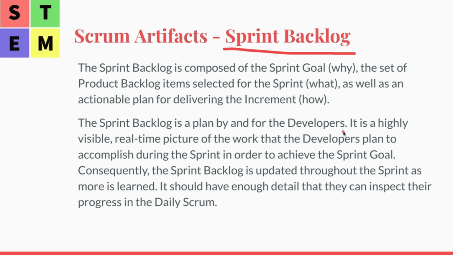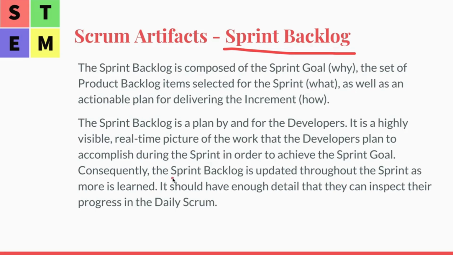All right, so the developers create the sprint backlog and they are committed to those sprint backlog items they picked. Okay, so it is a highly visible, real-time picture of the work that developers plan to accomplish during the sprint in order to achieve the sprint goal.